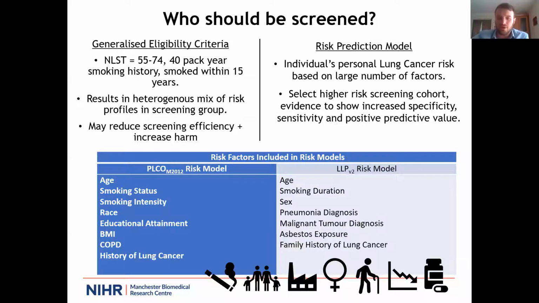Two of these models that we're going to discuss today: one is called the PLCO model, and you can see all the clinical factors included in that on the left there. The other is the Liverpool Lung Project, the LLP model on the right, which uses some of the same factors, but some of them are different to the PLCO model.